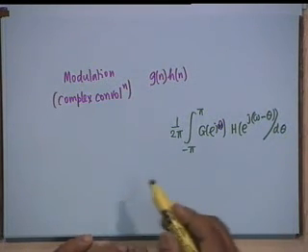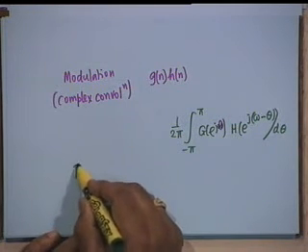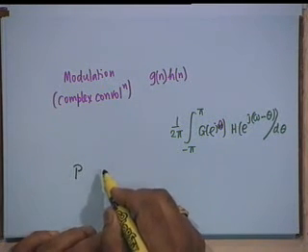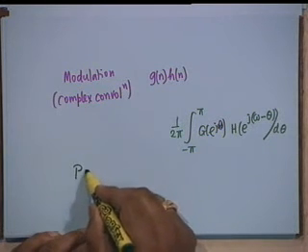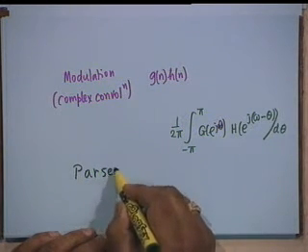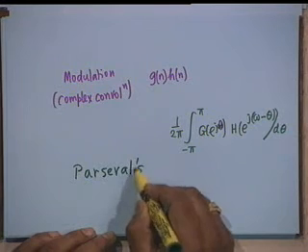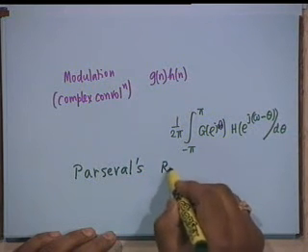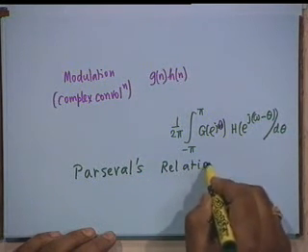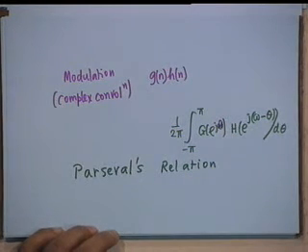Okay. Finally, Fourier transform also gives an easy way of calculating the energy of a sequence, and this is given by the so called Parseval's relation.